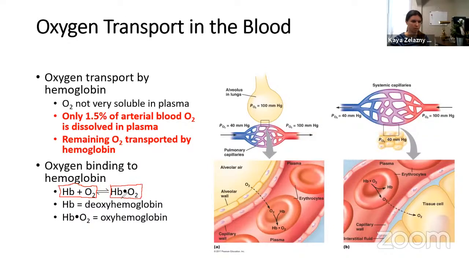That's telling you that's hemoglobin bound to oxygen. So Hb on its own, we refer to as deoxyhemoglobin because it doesn't have oxygen. And then this HbO2, we refer to as oxyhemoglobin, telling us that it has oxygen bound to it.